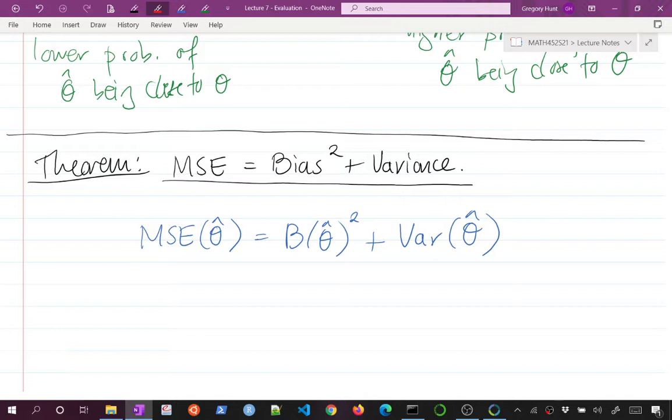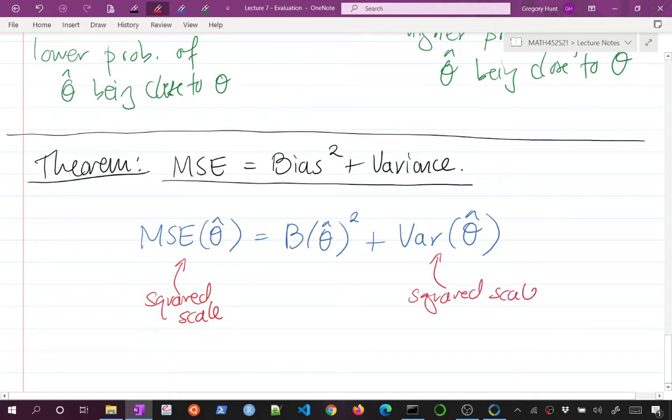One question that people typically have when they're presented with this is, where do we get this square from? Why isn't it just the bias plus the variance? Notice that it's the mean squared error. So MSE is on the squared scale. Variance, we know, is also on the squared scale. Bias is on the unsquared scale.